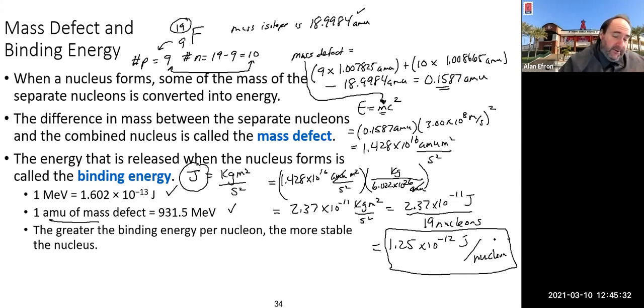Now, just to show you, these two conversions over here are kind of based off of Einstein's equation, which means you could shortcut the calculation. You could shortcut it if you have these conversions by taking your mass defect back here, 0.1587 AMU.